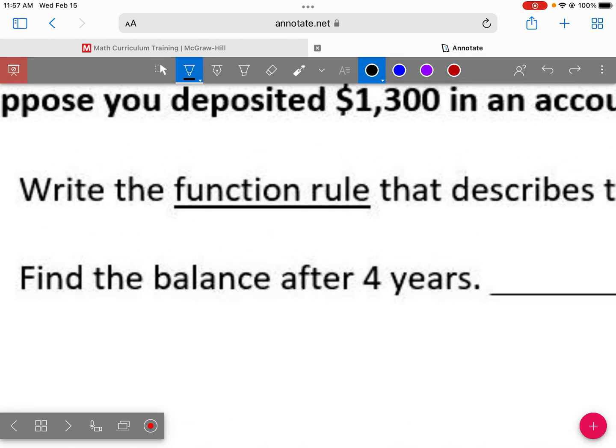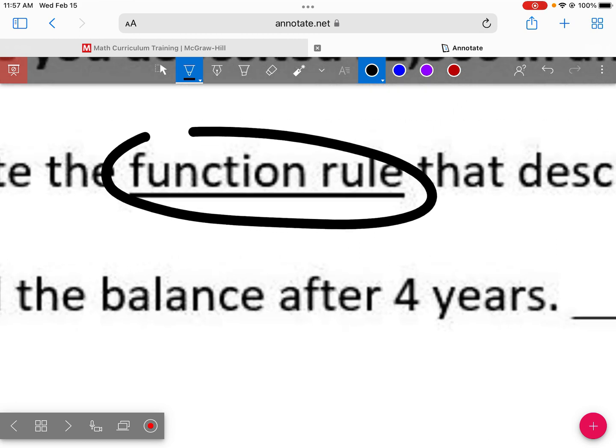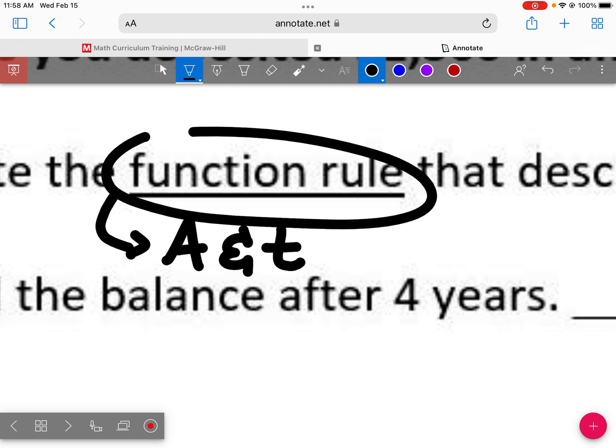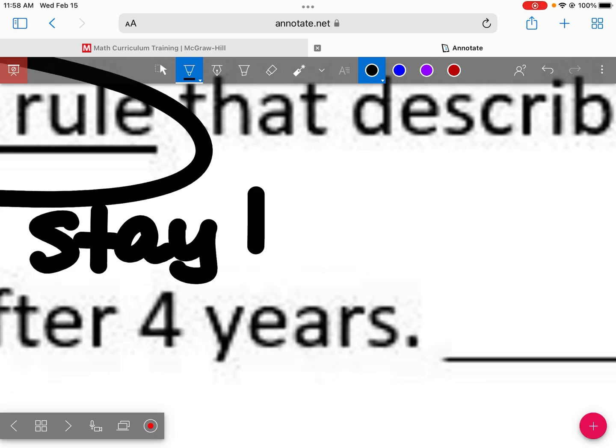It says we're writing a function rule, so what do I know? When it says function rule, I know my final answer has to look a certain way. A and T. What's special about A and T in a function rule? Yes. They stay letters.